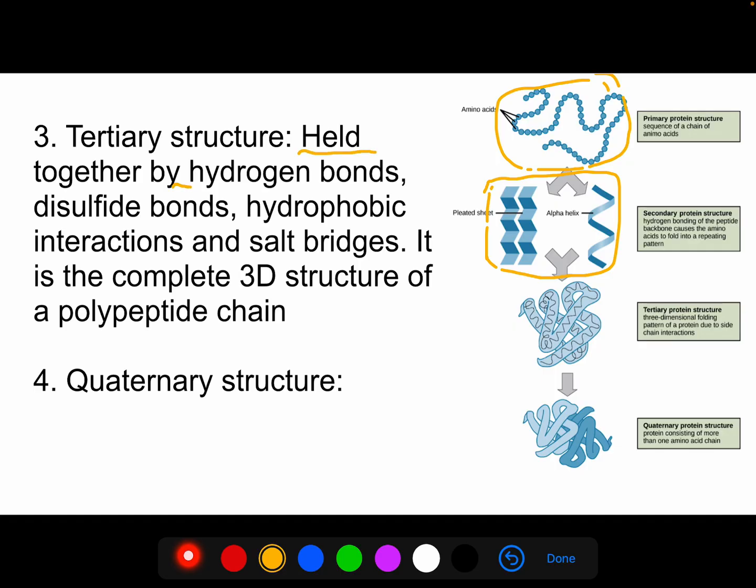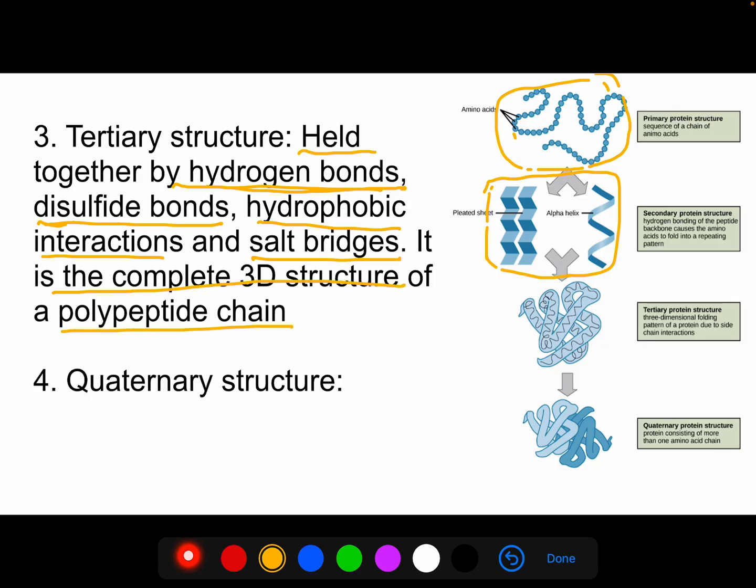Within the secondary structures, the chain can fold onto itself through hydrogen bonds, disulfide bonds, hydrophobic interactions, and salt bridges. It's the complete 3D structure of a polypeptide chain, okay?